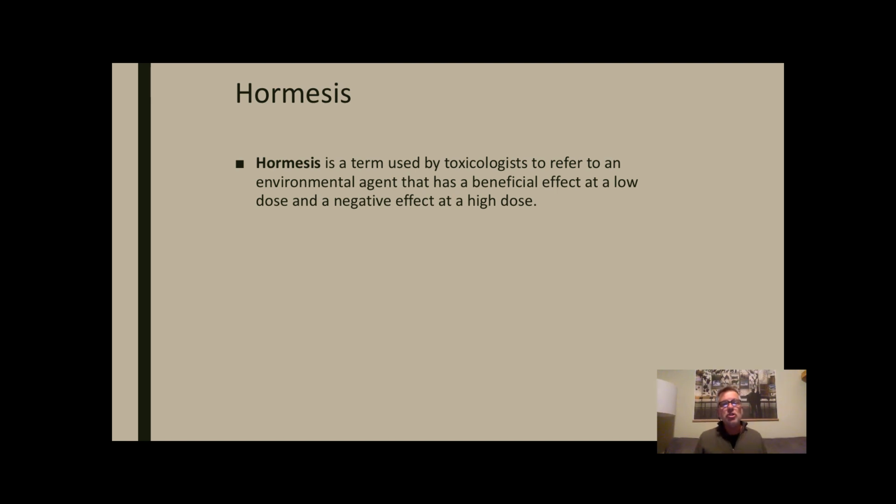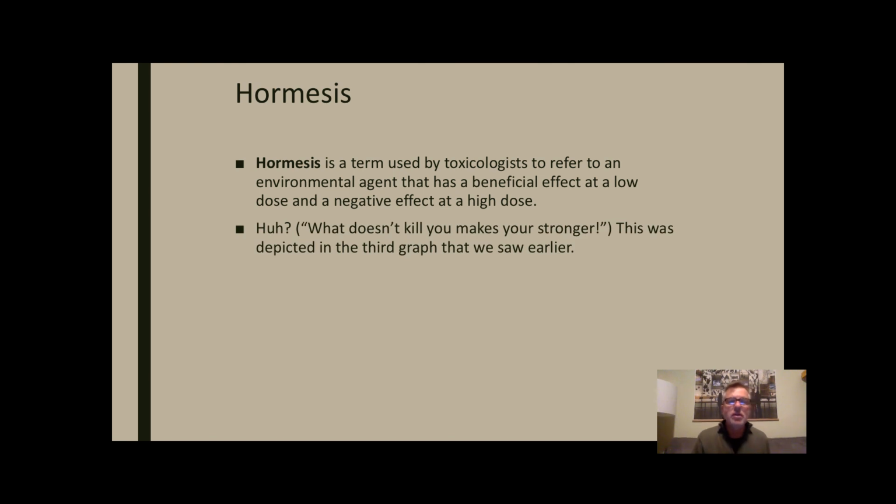Finally, I want to talk about hormesis. Hormesis is a term used by toxicologists to refer to an environmental agent that has a beneficial effect at low dose and a negative effect at high dose. So what does that mean? Well, it's kind of similar to that old adage, what doesn't kill you makes you stronger. This was depicted in the third graph that we saw earlier, where there was a beneficial effect at low dose.